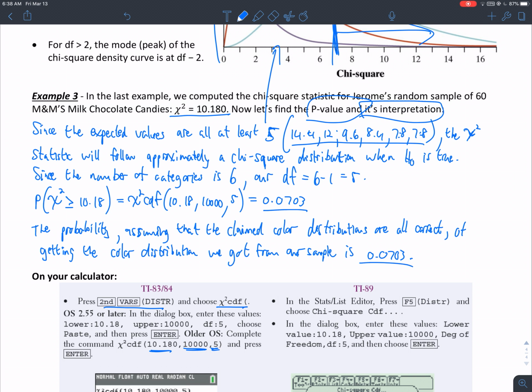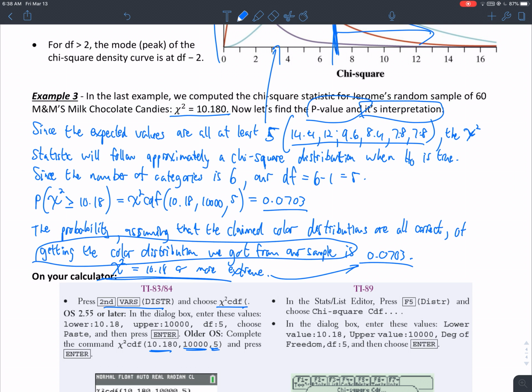Or alternatively, assuming that the color distributions are all correct, the probability of getting a chi-square statistic of 10.18 or more extreme is that. Technically these two mean the same thing. Maybe the bottom one makes you more comfortable.